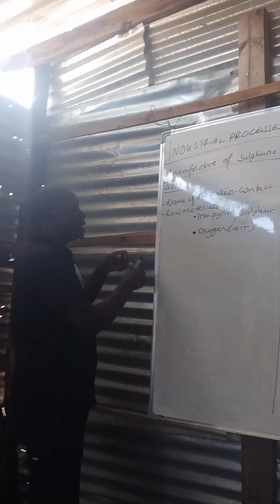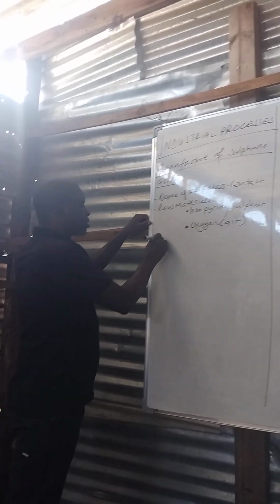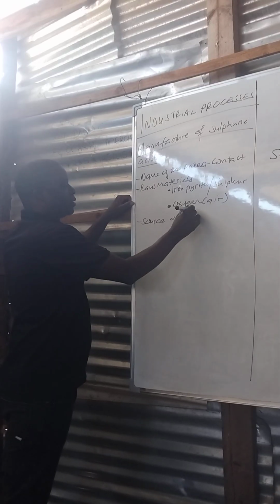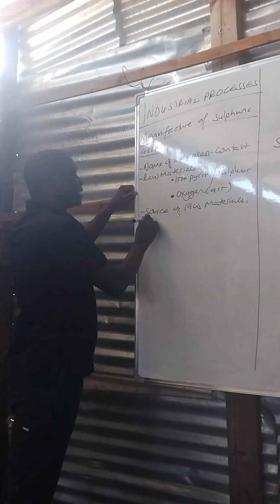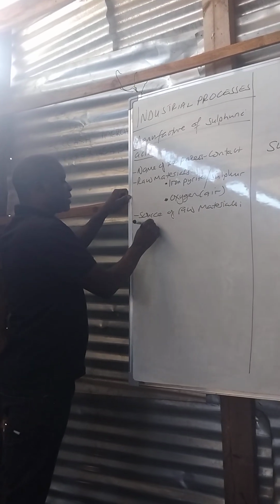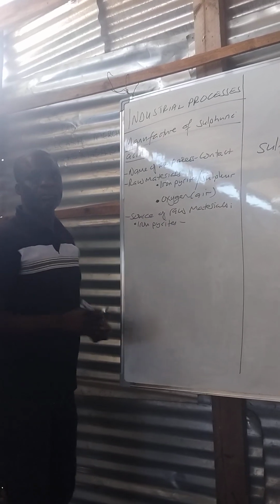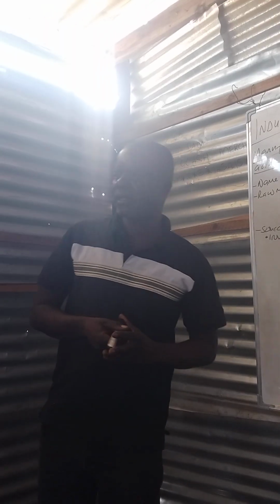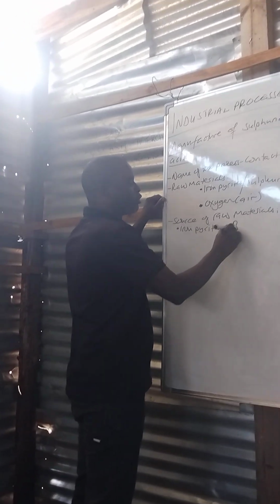Then from there, they may ask you the source of the raw materials. Iron pyrites comes from Buhwa in Kwekwe.